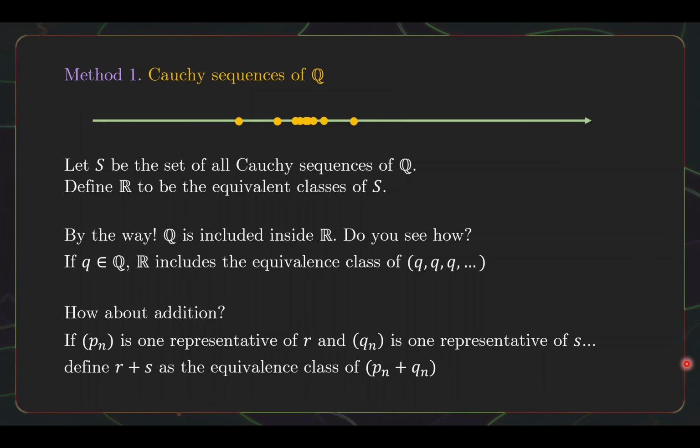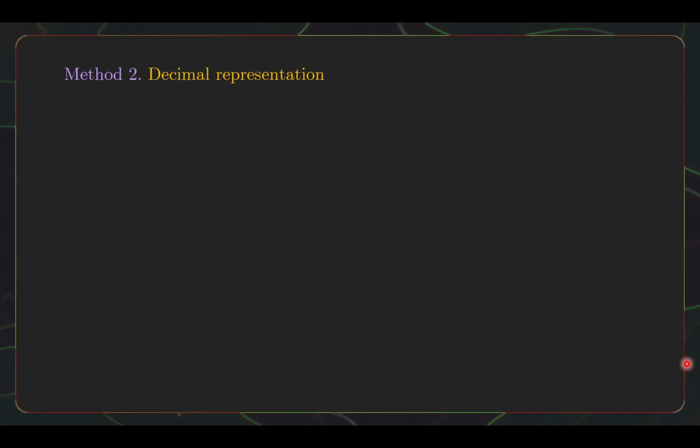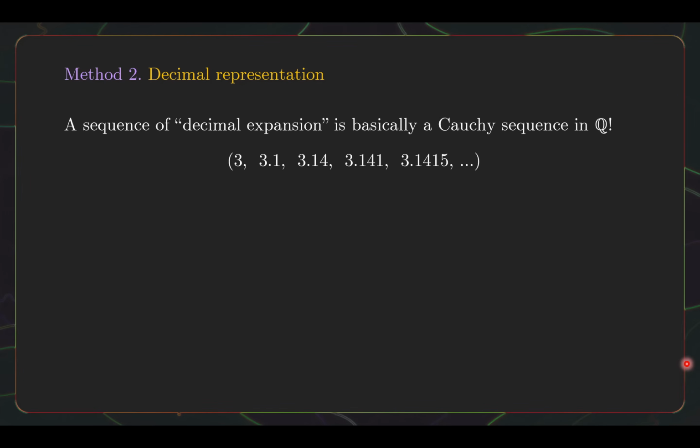Okay, this is method 1, but by the way, method 2 is just a special case of this, and it might even help you get a better understanding of method 1. So let's talk about decimal representation. Now, a sequence of decimal expansions is basically a Cauchy sequence in rational numbers, because by decimal expansion here, what I mean is you write the integer part, then you start adding one decimal place as you move along the sequence.